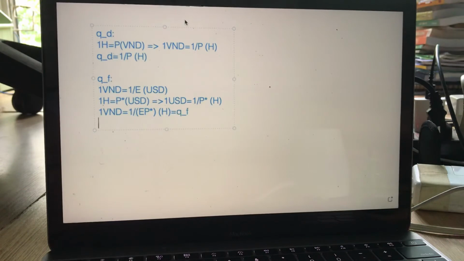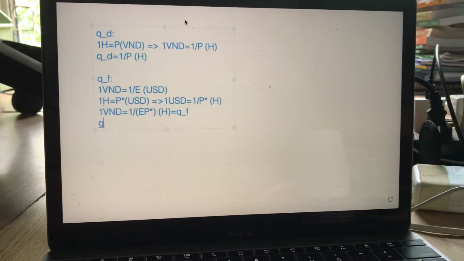The purchasing power parity implies that the amount of goods you can buy in the domestic market and in the foreign market are the same.